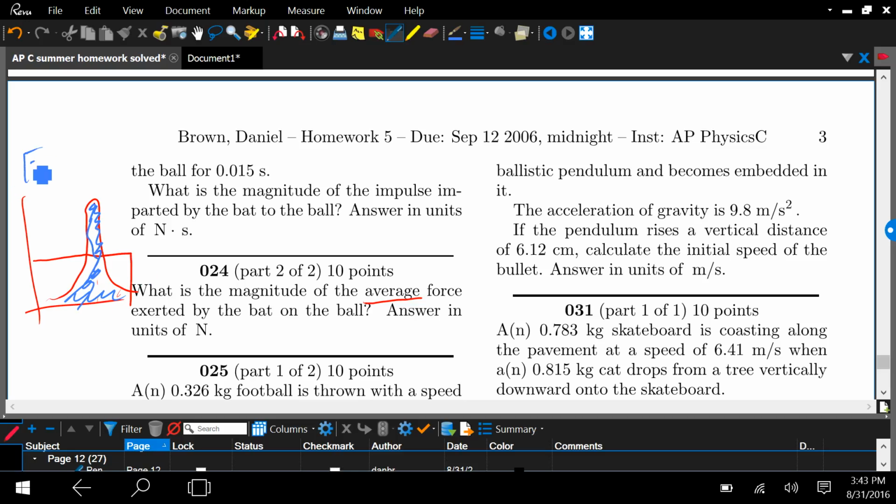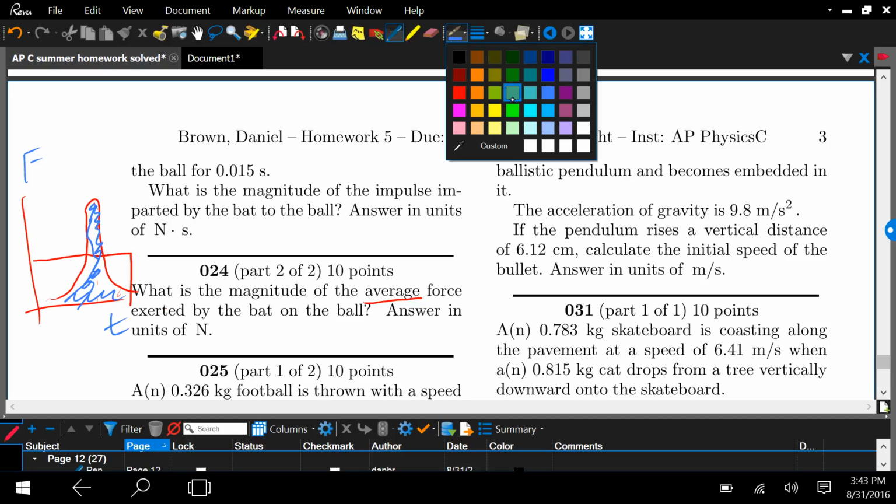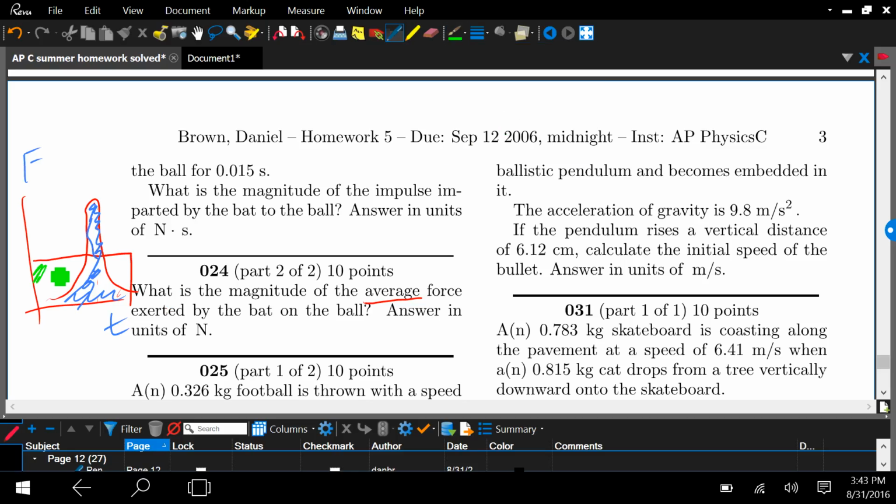I should label my axes here. I want to choose a box with an average force, where this box in green has the same area as the shaded area in blue. So the two areas are the same, so that I have the same quantity when I multiply force times time, but they're not distributed the same.